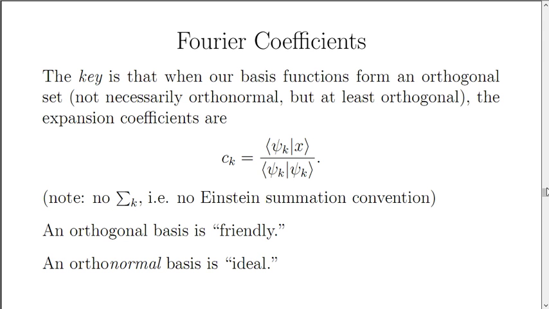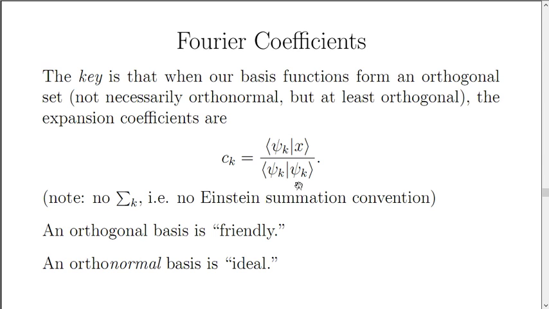Now, the key to being able to compute the coefficients in this manner is that when our basis functions form an orthogonal set, not necessarily orthonormal, but at least orthogonal, the expansion coefficients are given by this expression. Expansion coefficient is the inner product of basis function with data divided by the inner product of basis function with itself.